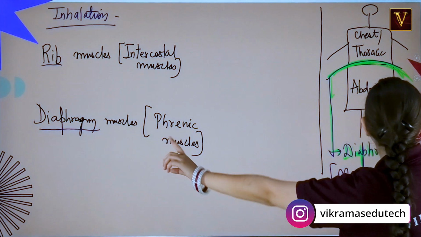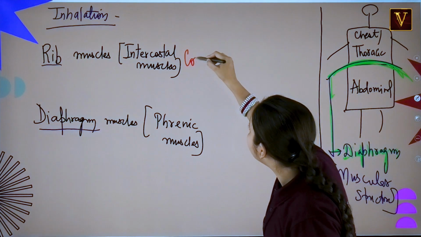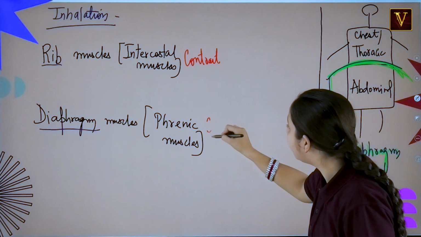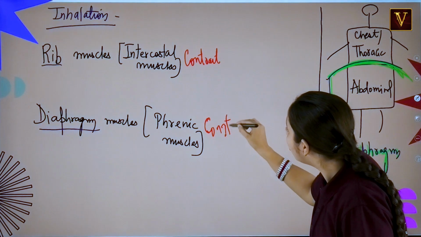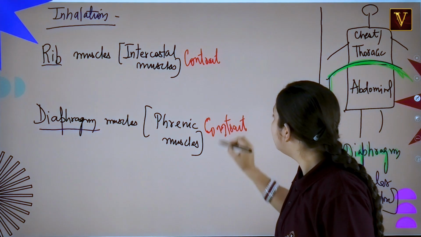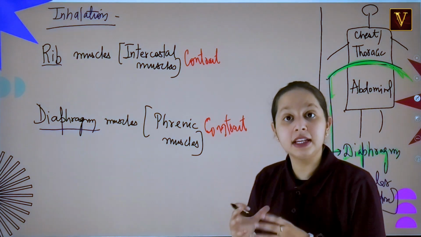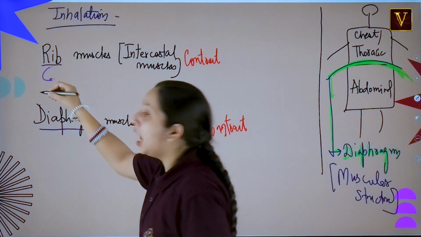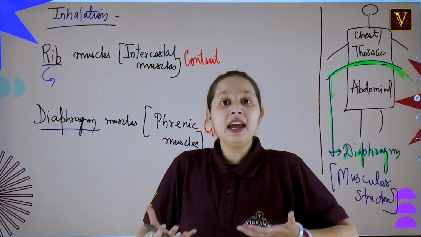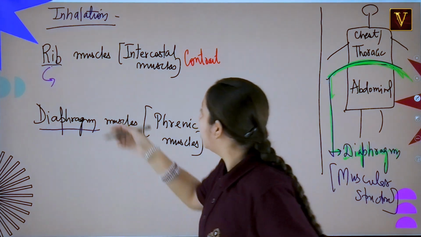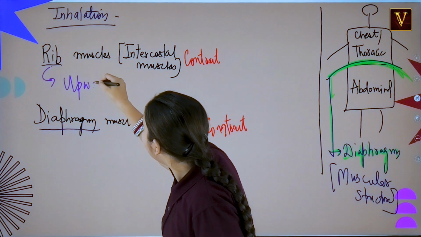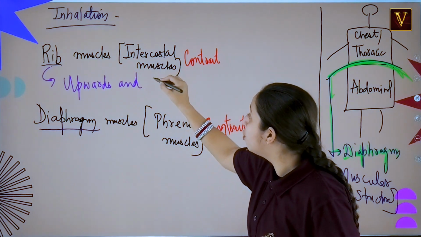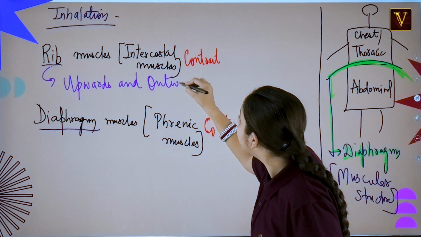These rib muscles, the intercostal muscles, contract, and the phrenic muscles also contract. With their contraction, the ribs move upward and outward.